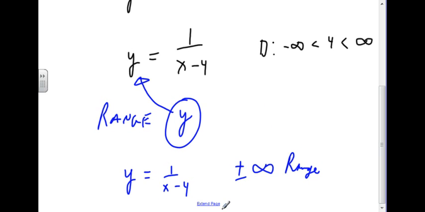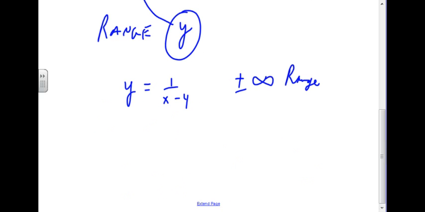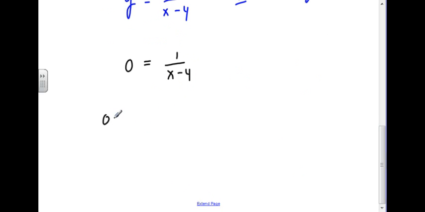No. So I got 0 is equal to 1 divided by x minus 4. I've got 0x minus 0, 4 times 4 is equal to 1. I got 0 is equal to 1. How did that work?